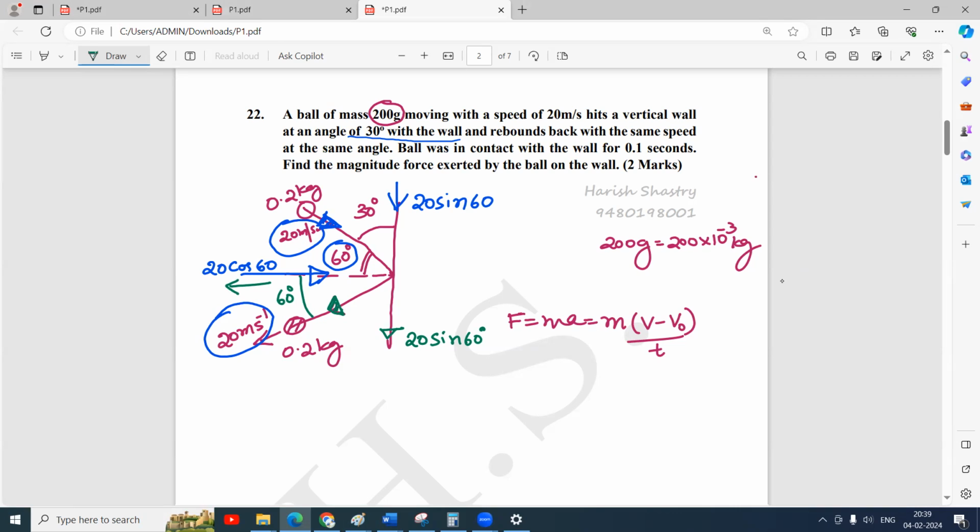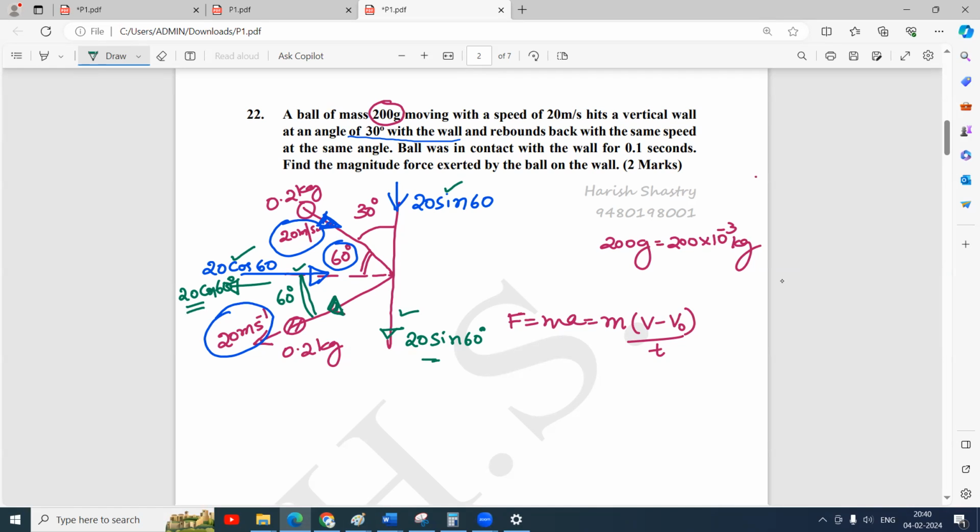Then the component here along this direction will be like this, 20 cos 60. So since 60 is here, it is cos 60 here and sine 60 here. So component of this velocity while hitting the wall is 20 sine 60 here, 20 cos 60 here. While moving away from the wall, 20 cos 60 here and 20 sine 60 here.